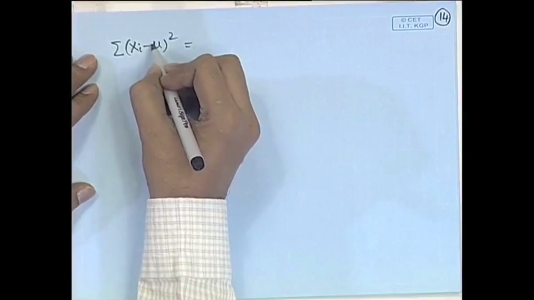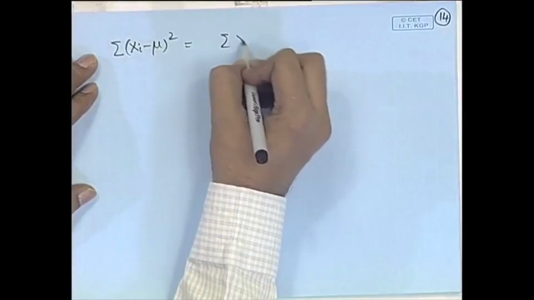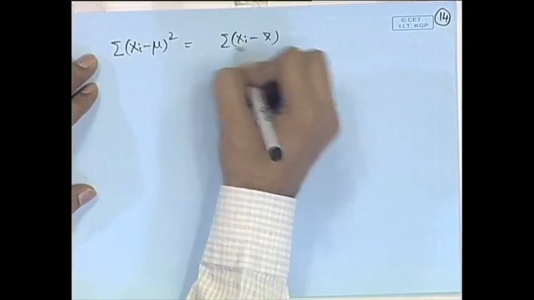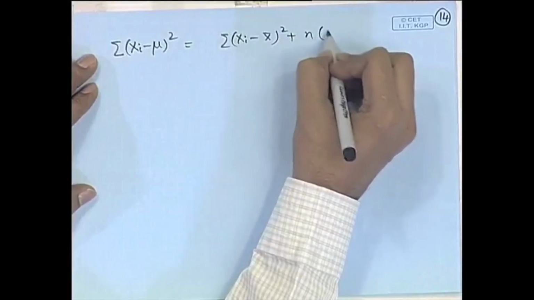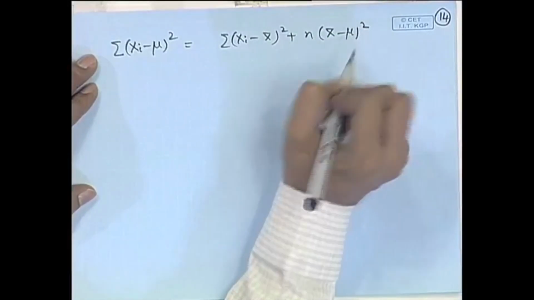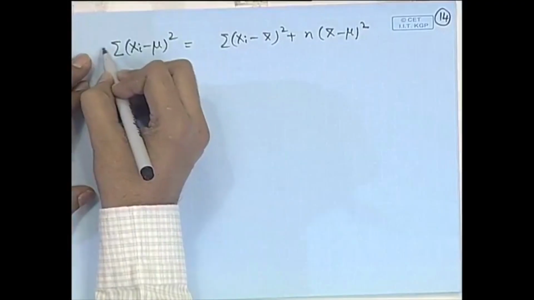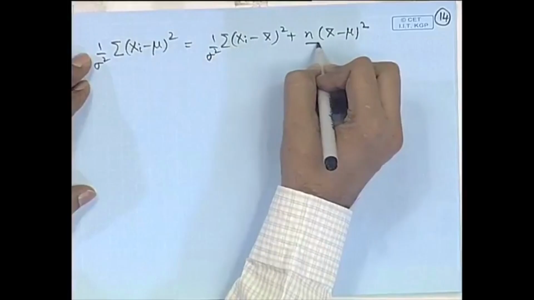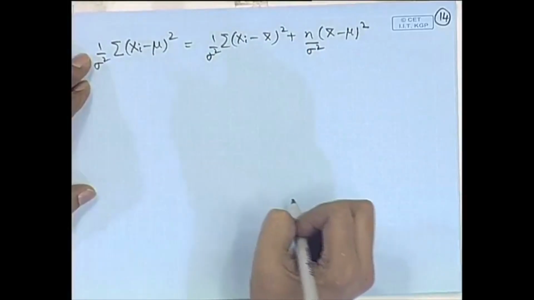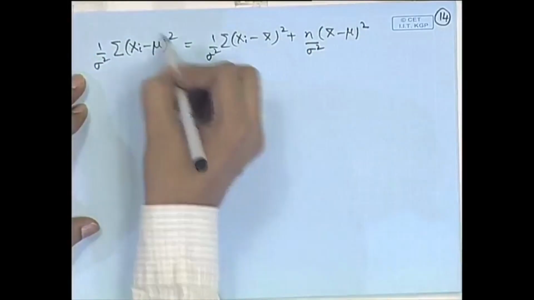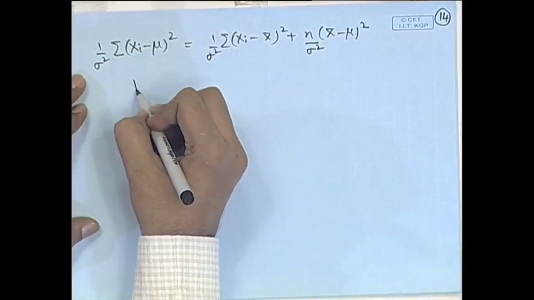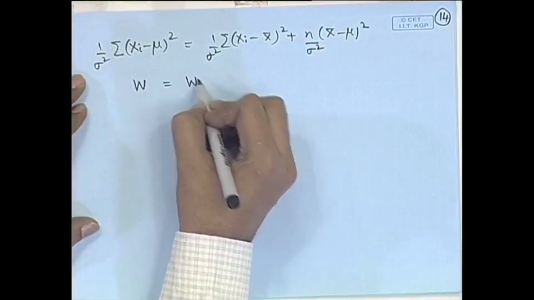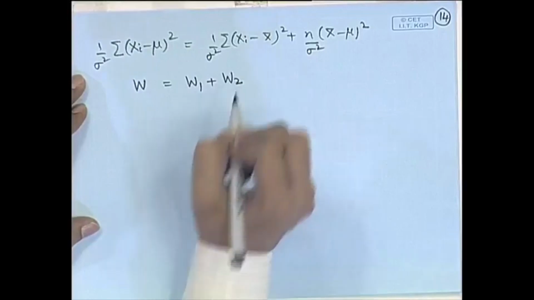Here, if we add and subtract x bar, this becomes sigma (x_i minus x bar) whole square plus n times (x bar minus mu) square. If we divide it by sigma square here, then we have this relationship. So, let us name these variables as say W equal to W_1 plus W_2.